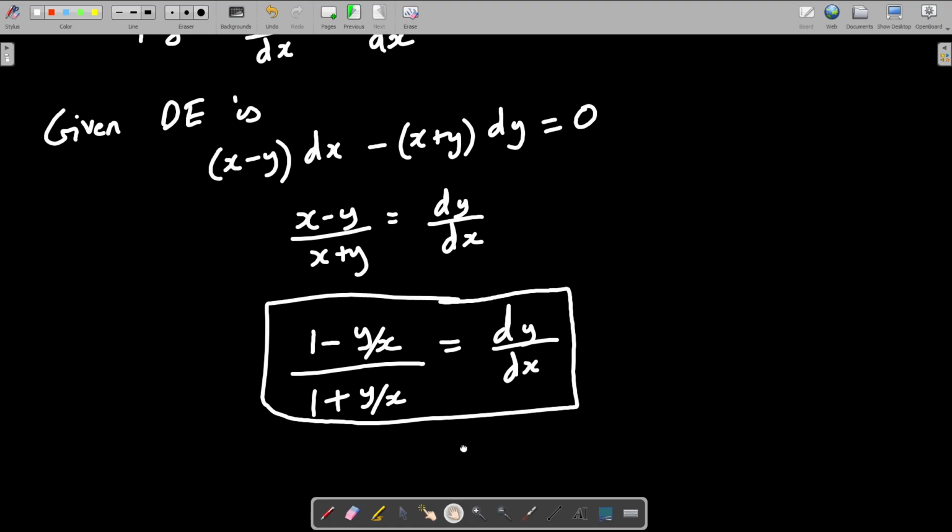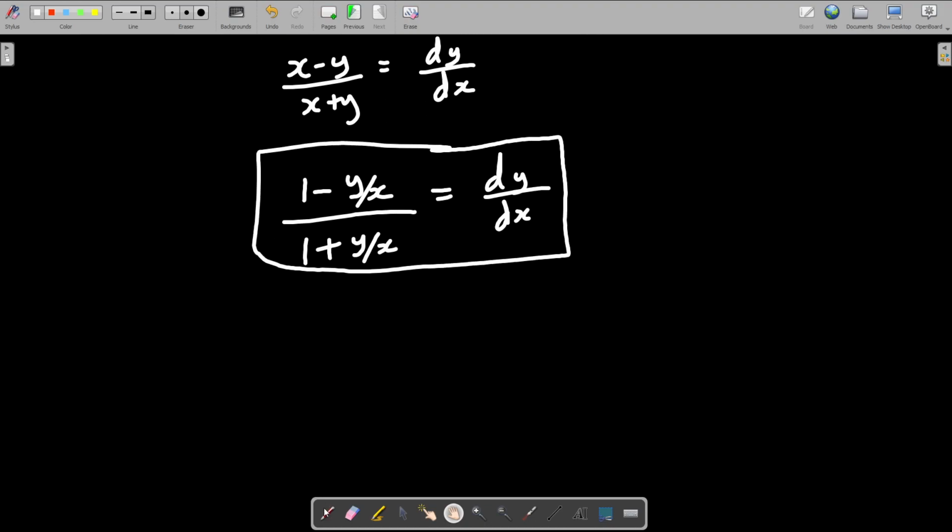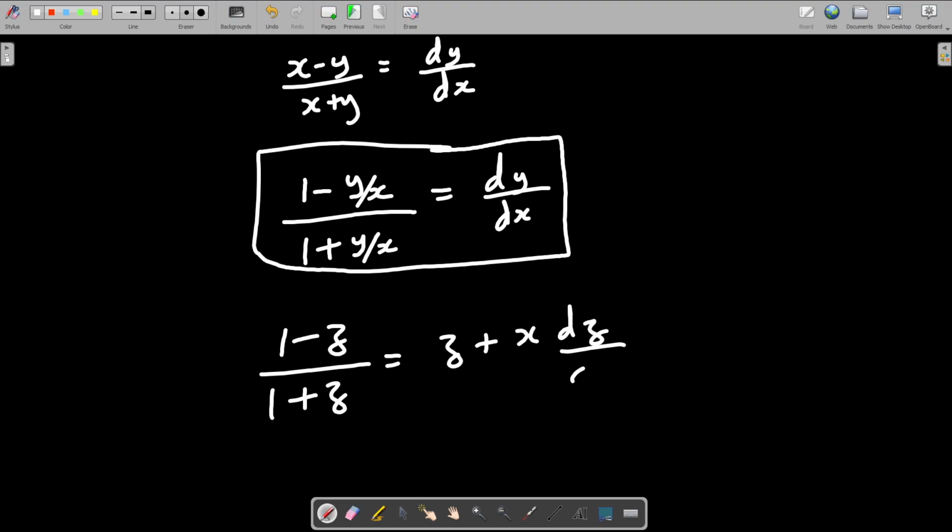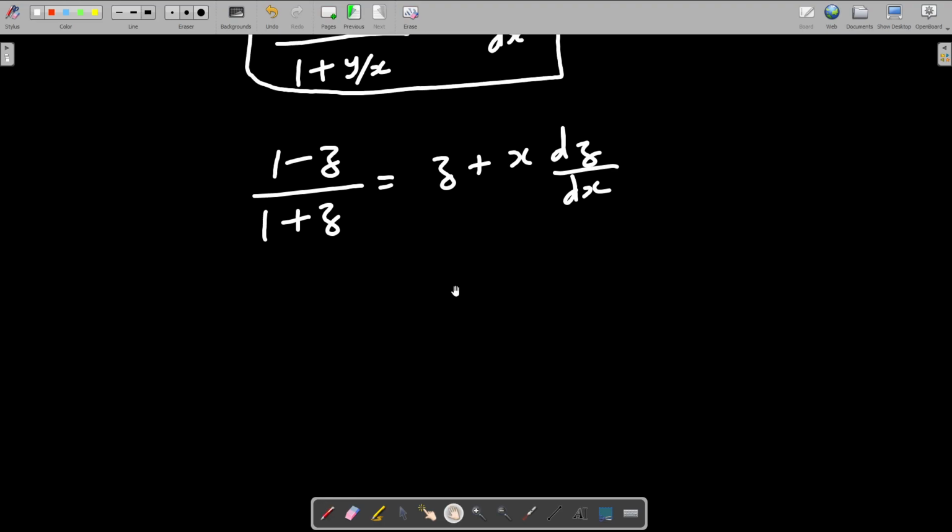So this is going to be (1 minus z) upon (1 plus z), and this is equal to what? z plus x times dz by dx. It has almost become variable separable now. We have to just rearrange some terms.